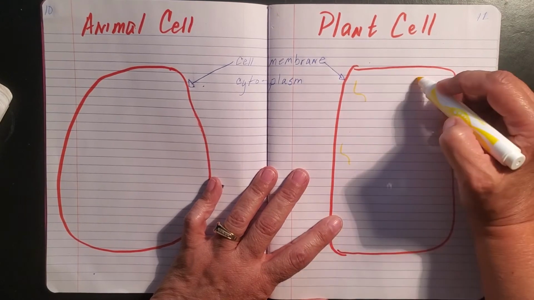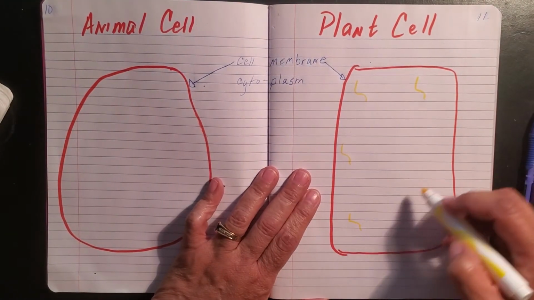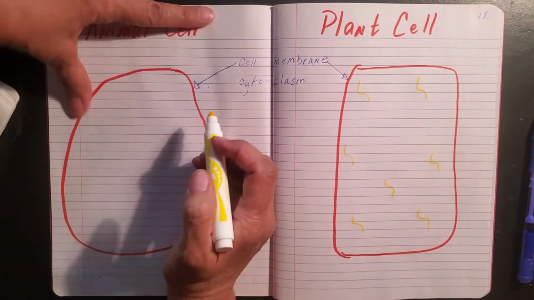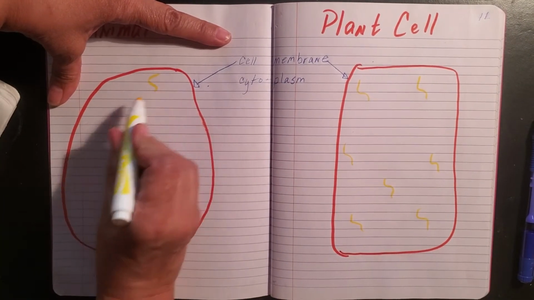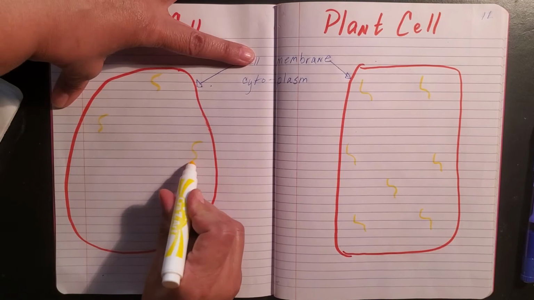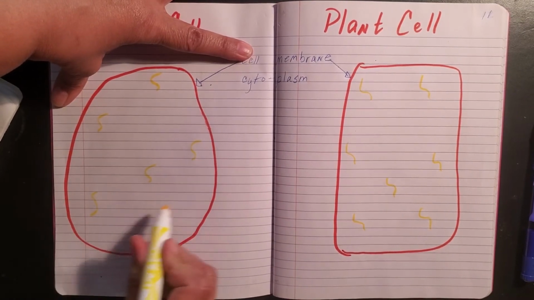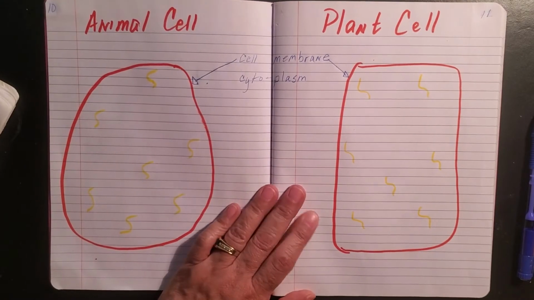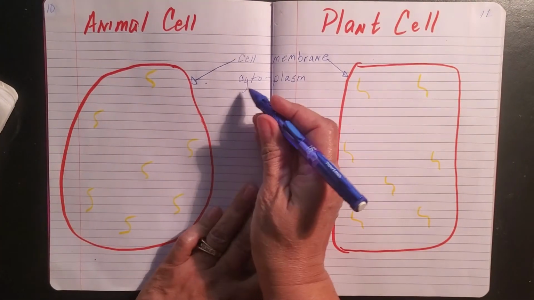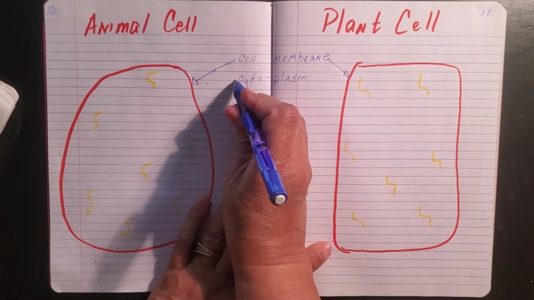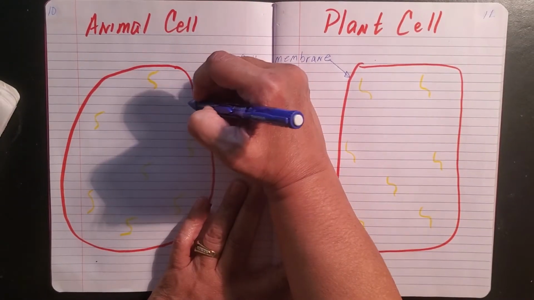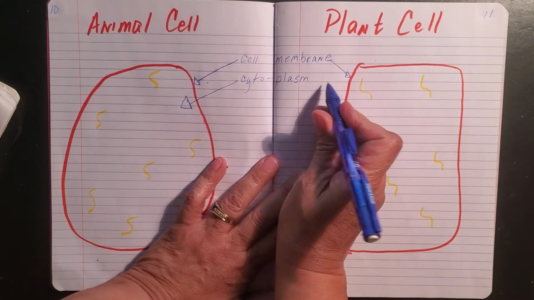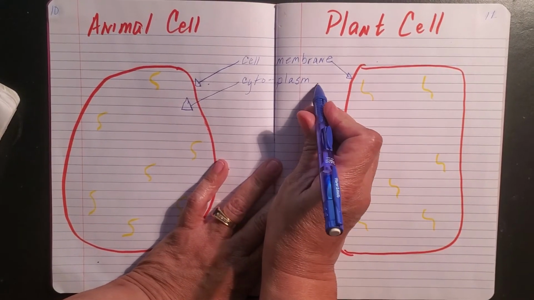I'm just doing some squiggles to show that it's a liquid. So there's my cytoplasm. When I point the arrow at the cytoplasm, I'm just going to point it to this open space. Again, this will look much neater electronically for you.